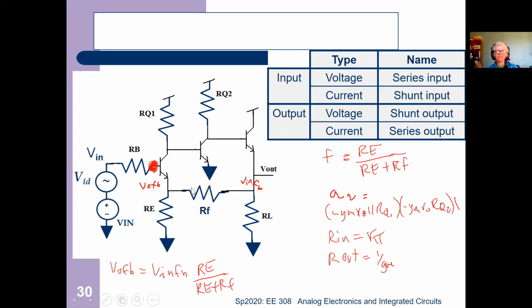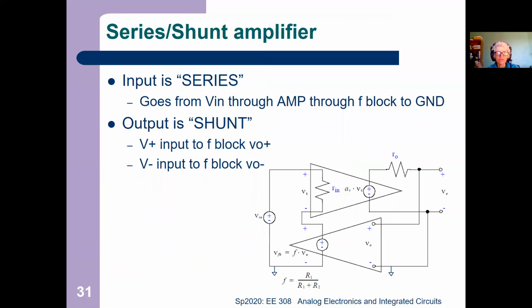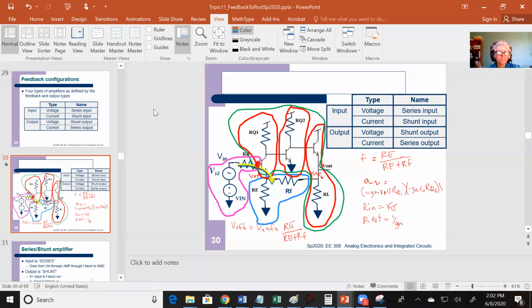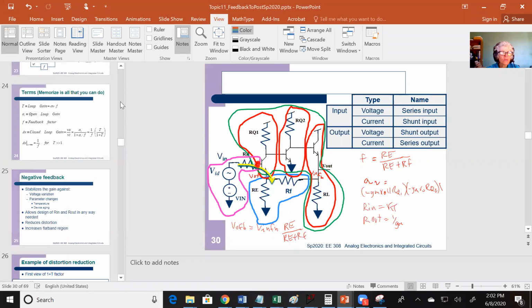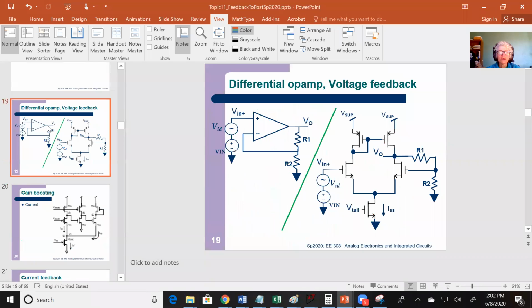But in general, let's find a more general picture here. In this picture, this resistance right here is a load to your amplifier, so you don't want it pulling much current if you can.